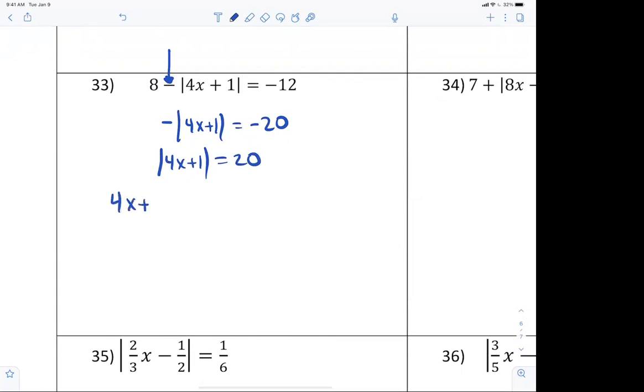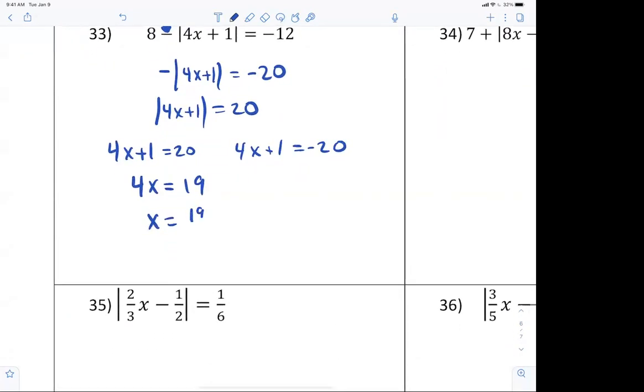So we write 4x plus 1 equals 20, and 4x plus 1 equals negative 20. 4x equals what? Help me, guys. 4x equals 19. So x equals 19 over 4. Next equation, 4x equals negative 21. So x equals, thank you, whoever said that. Beautiful.